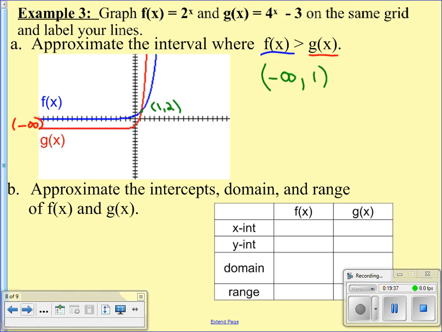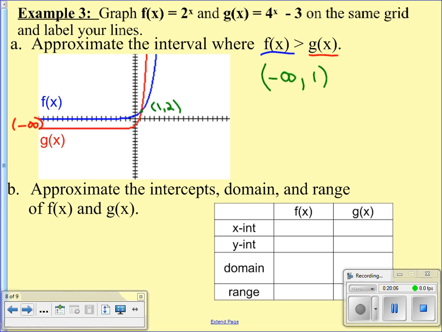We always look for the x values for our interval. So f of x, the blue function, is greater than the red function g of x from negative infinity until you hit 1. And then g of x, the red one, becomes the function that is increasing more rapidly, so its y values are going to be greater than f of x's y values.